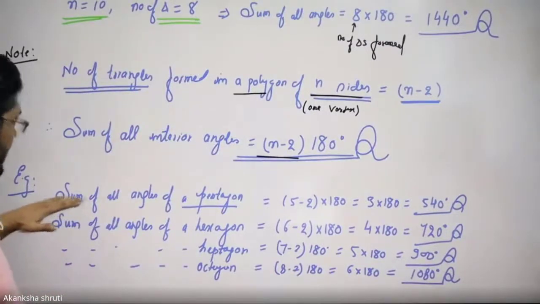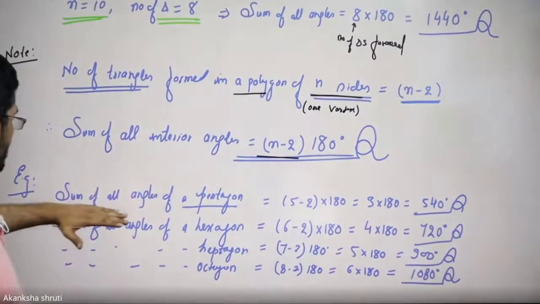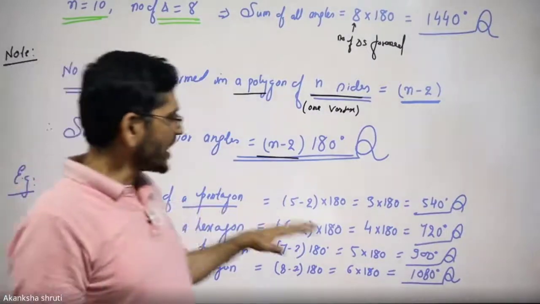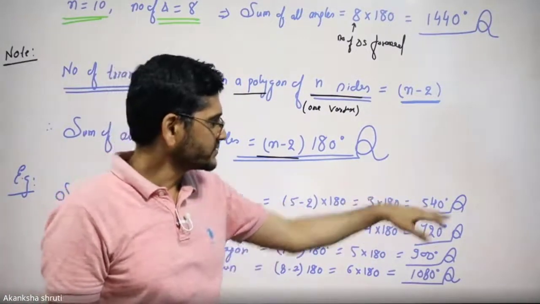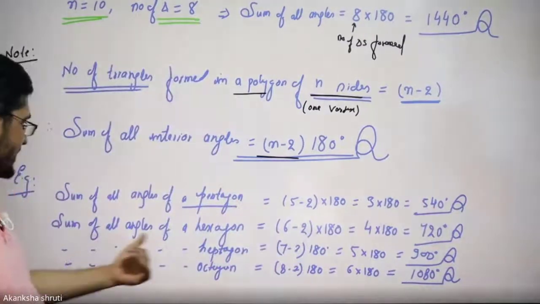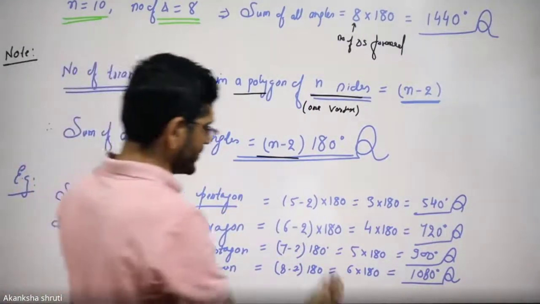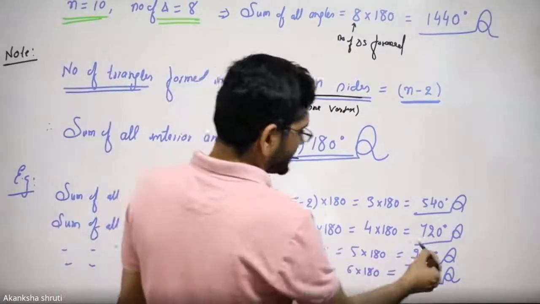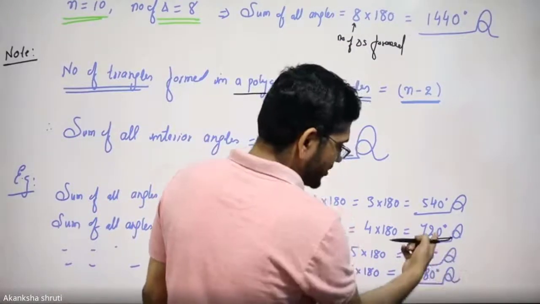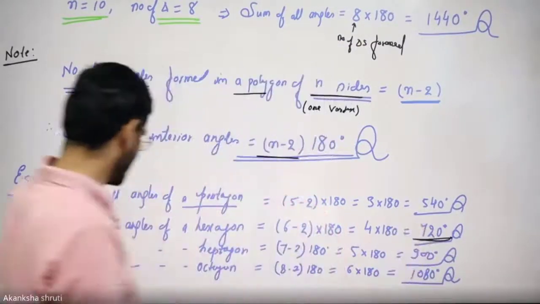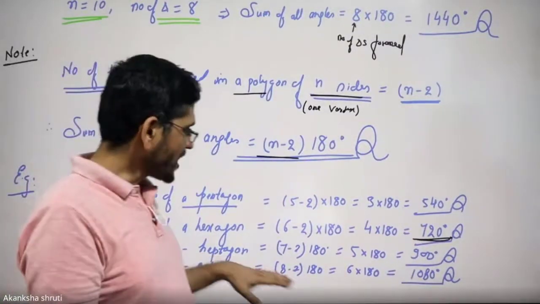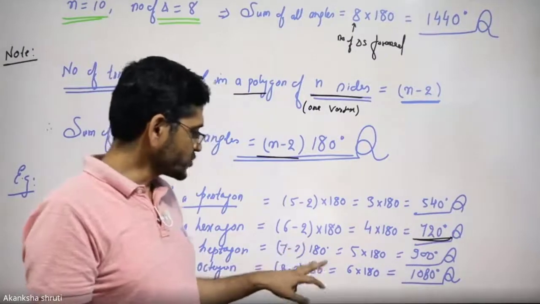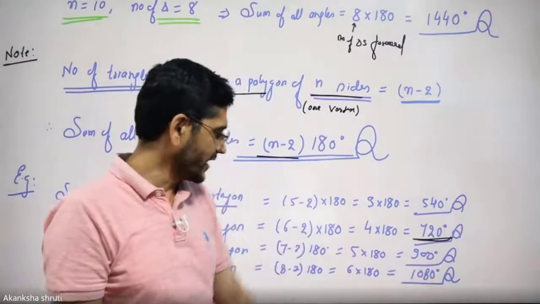Students, applying this formula, the sum of all internal angles of a pentagon is 5 minus 2 into 180, it is 540. The sum of all internal angles of a hexagon is 6 minus 2 into 180, 720. This value, if possible, you must keep in mind directly. The sum of all internal angles of a heptagon is 7 minus 2 into 180, it is 900.